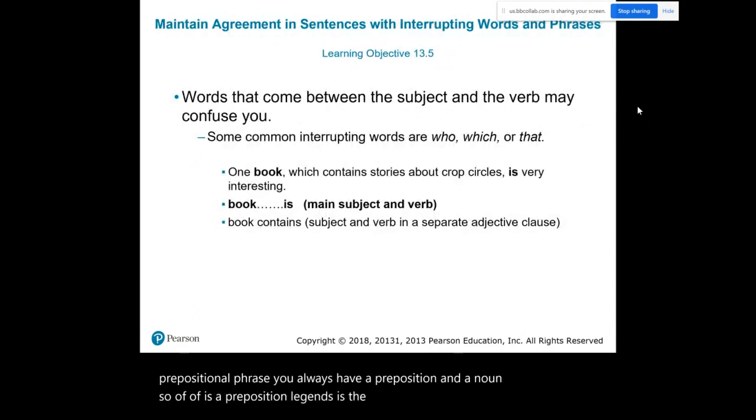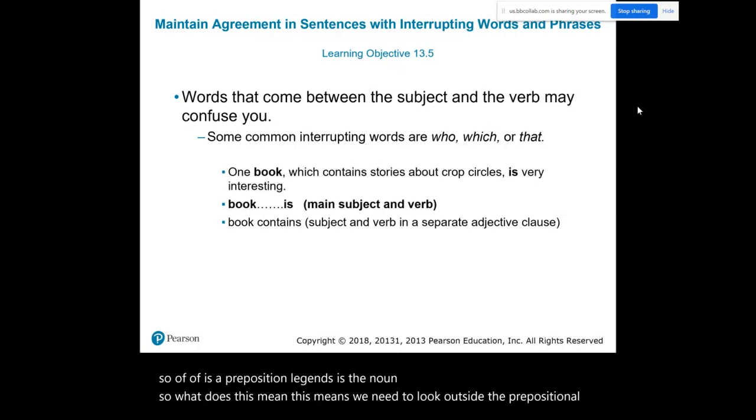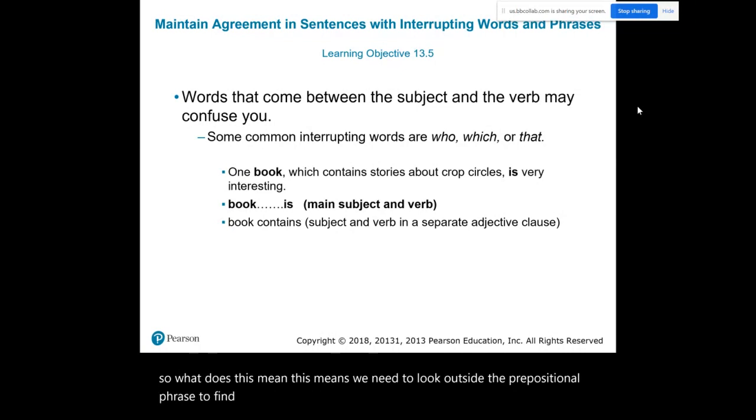Okay, so what does this mean? This means we need to look outside the prepositional phrase to find the subject. And the subject is one. And the verb is is.